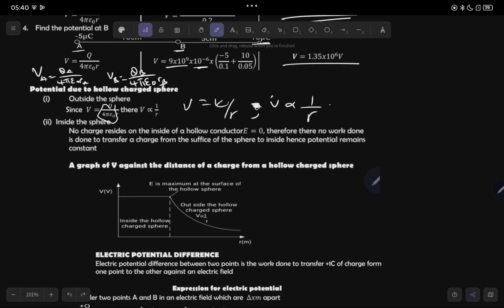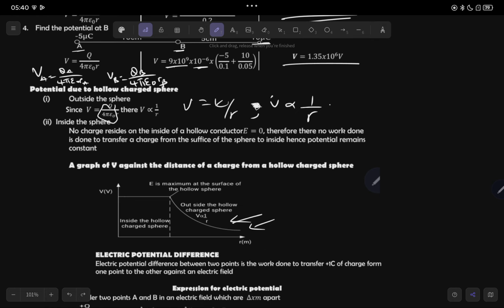So since we have an inverse proportion outside the sphere, you expect to have a graph like this one, which shows inverse proportion. Then inside the sphere, since no charge resides there, the electric field intensity is 0, and therefore there is no work done moving the charge inside the sphere.